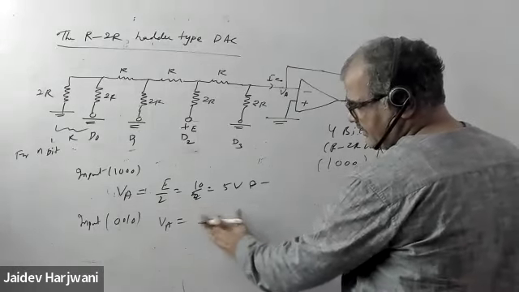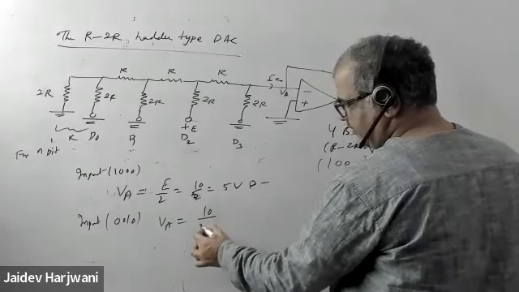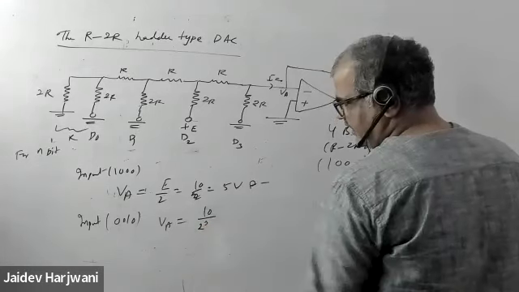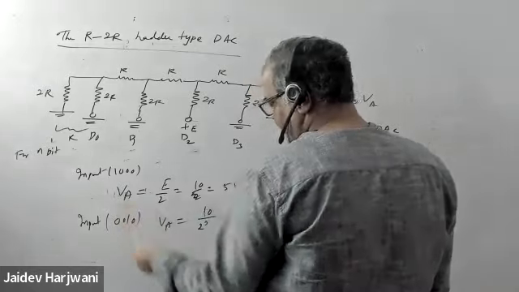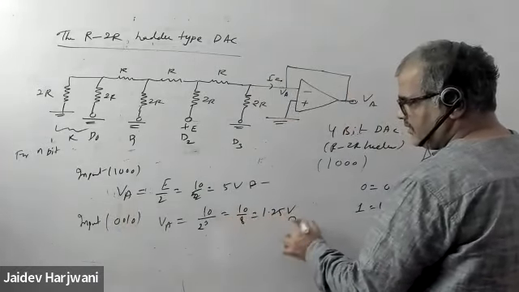How much will it be? 1.25. 10 upon 8. 10 upon 8 will come, 16 will come, 8. So this is 2, 4, 8, 2 power 4. So 10 upon 8, that's 1.25 volts. This is the answer.